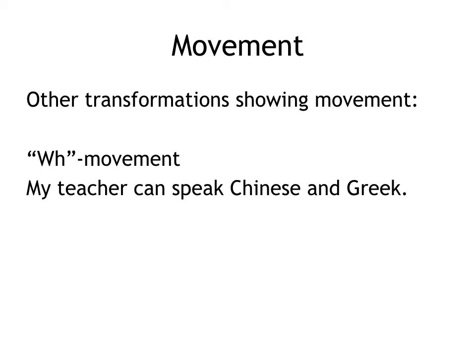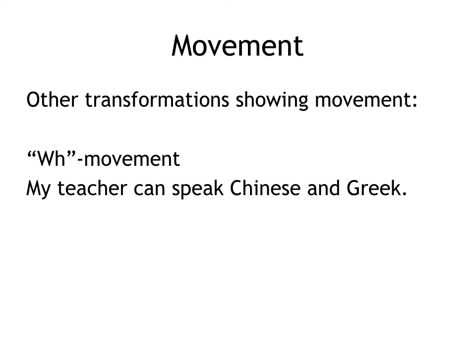WH movement is also somewhat complex. It is how languages form information questions rather than just yes/no questions. So if I were to underline the direct object, the noun phrase here, Chinese and Greek, imagine like I didn't quite hear this content of the sentence and I wanted to make it into an information question.